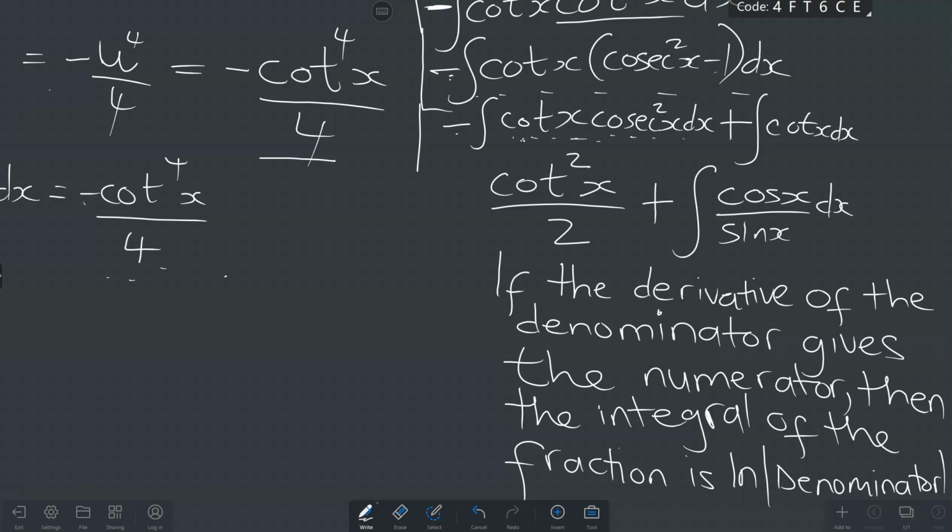So in this case, if you differentiate sine, which is your denominator, you get cos, which is your numerator. So your answer is ln of the modulus of sine x, right? So that means we can replace this part here with the ln of the modulus of sine x.